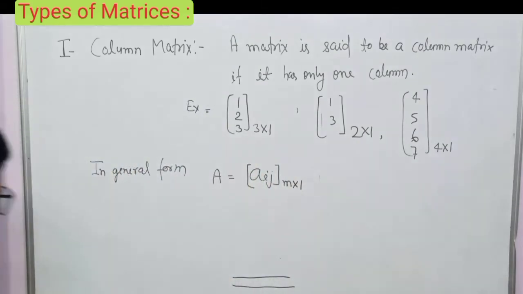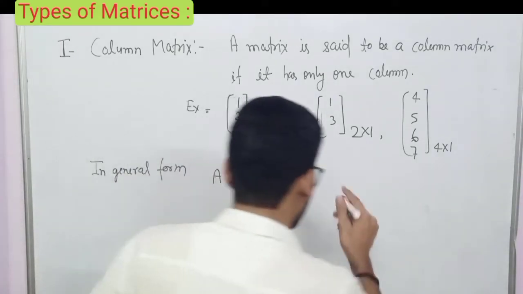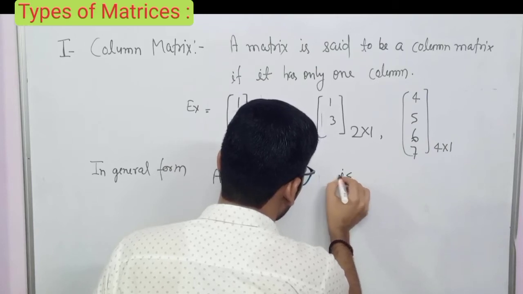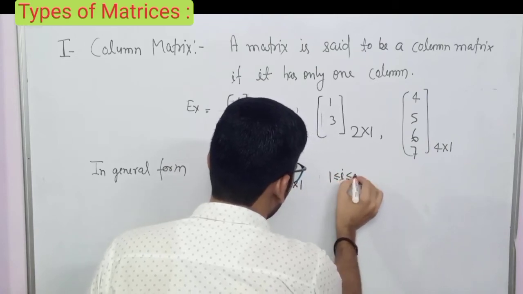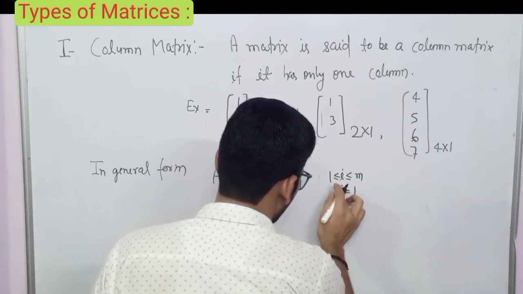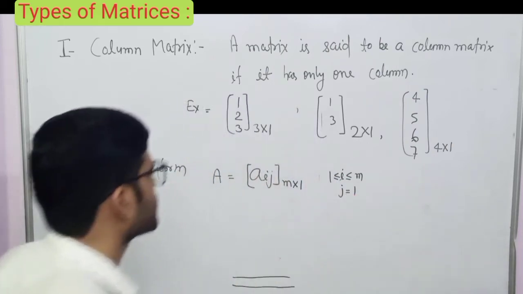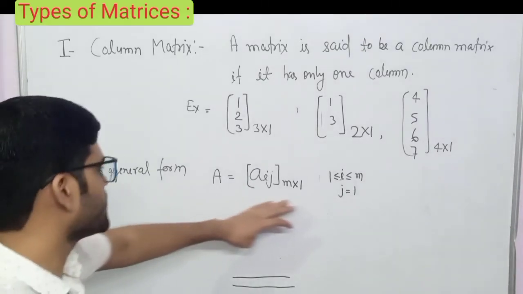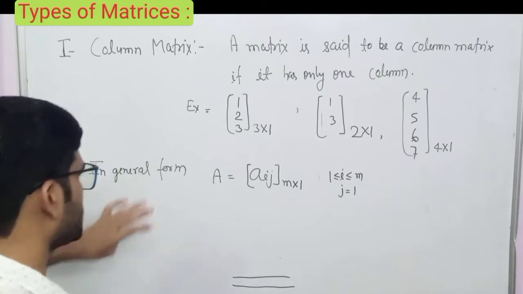This is the general representation of a column matrix. Here i varies from 1 to M and j equal to 1 only. This is the general representation of a column matrix.